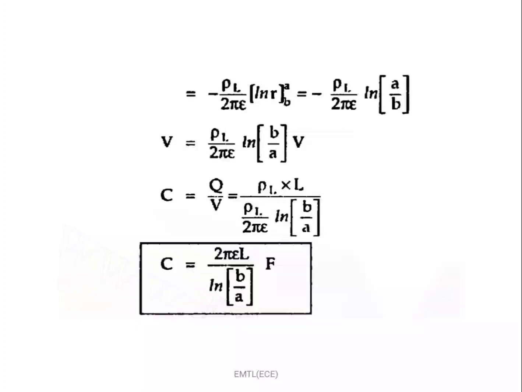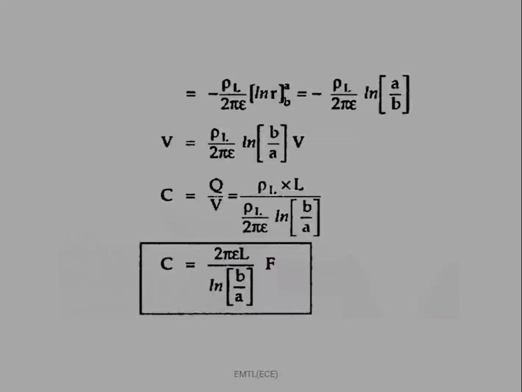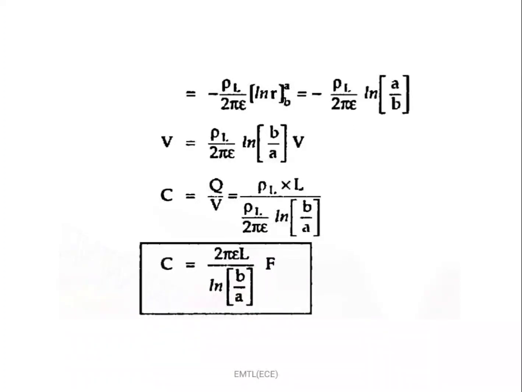By knowing the values of Q and V, substitute in the capacitance formula, that is C equal to Q by V. Finally we get the value of capacitance, for the parallel plate and the coaxial cable. In the next class we will discuss the capacitance of the spherical capacitor.